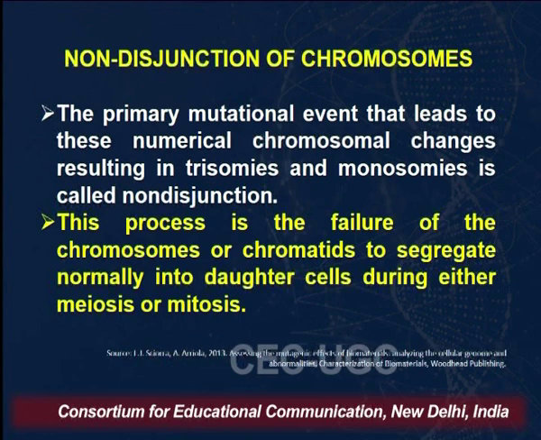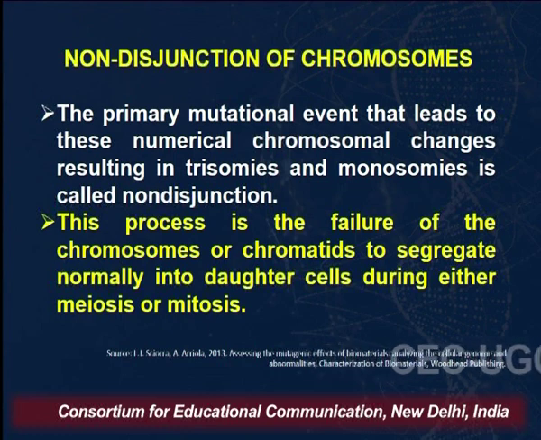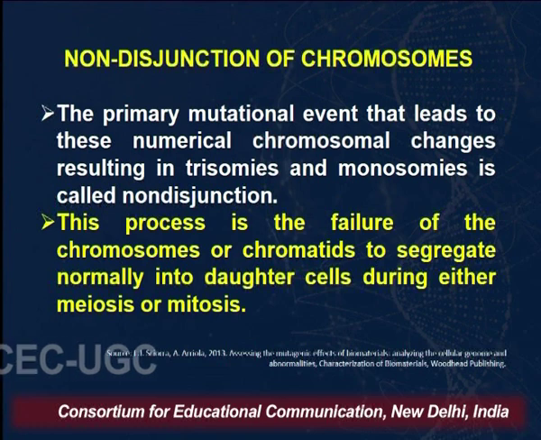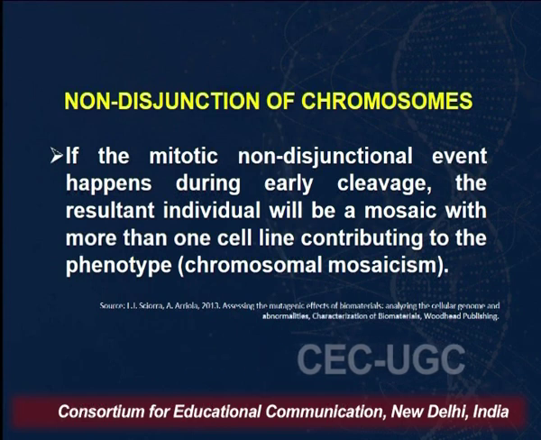Before going into that, let us take up why exactly these abnormalities occur, because it takes place through a process called non-disjunction of the chromosomes. This process is basically the failure of the chromosomes or the chromatid arms to separate into the daughter cells during meiosis or mitosis. So, with the help of images, we will see how exactly non-disjunction occurs.